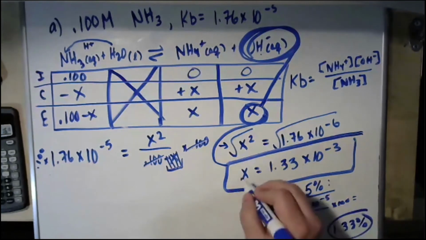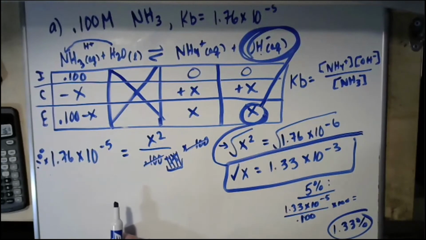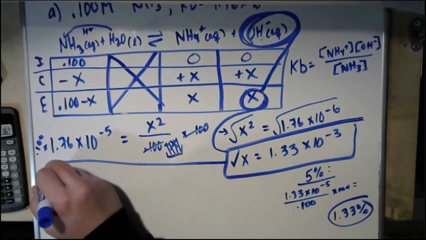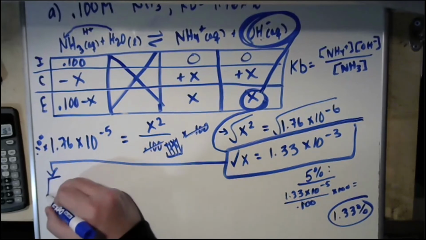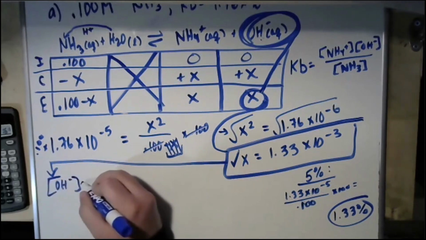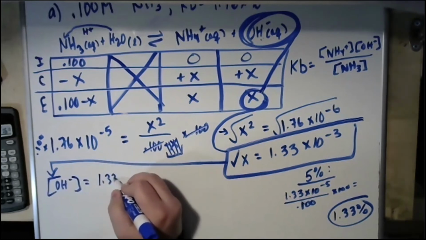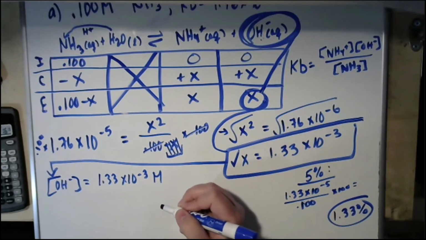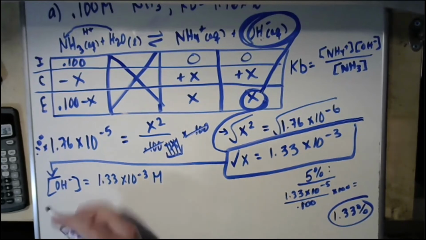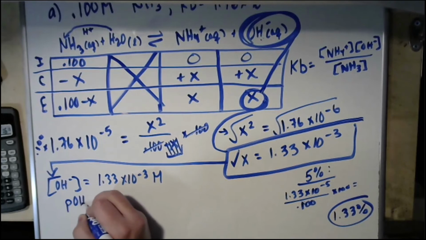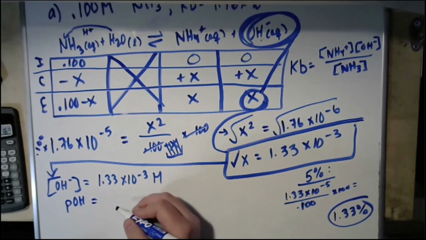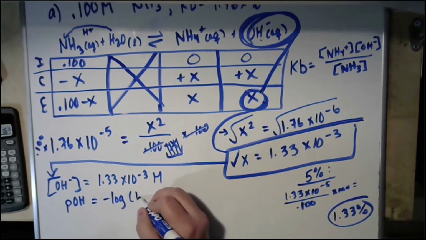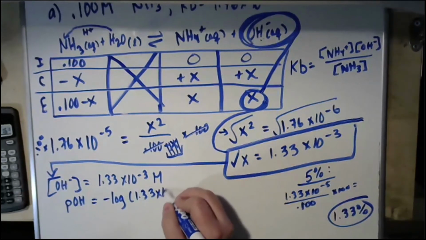So now we know that we can use this X value. Put a little arrow over here: this is going to represent our hydroxide ion concentration. From our hydroxide ion concentration, we can find the pOH. So we're going to do the negative log of our hydroxide ion concentration.